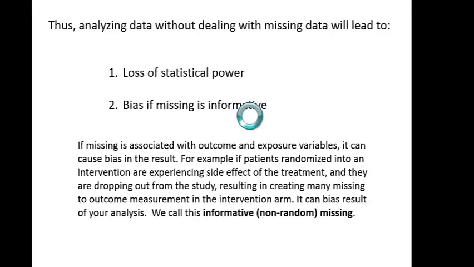We will talk about 2 types of missing. One is called random missing, and the other is called non-random missing. Random missing, we also call non-informative missing. And non-random missing is informative missing.